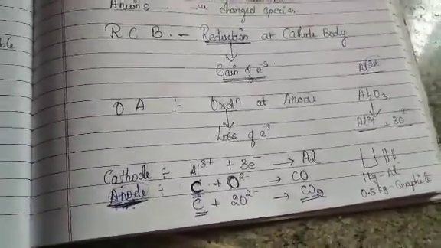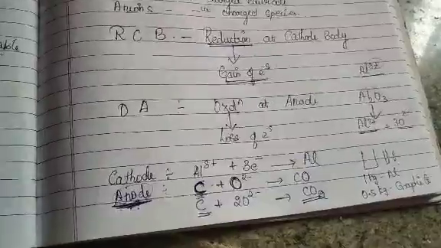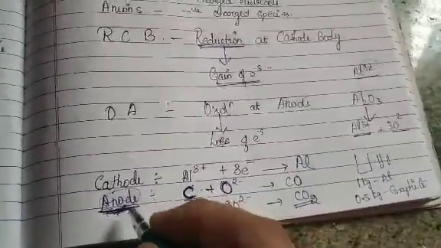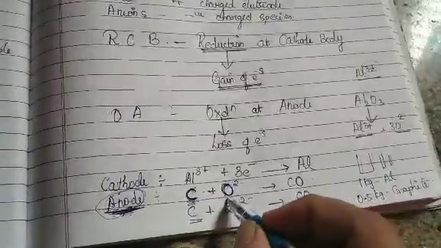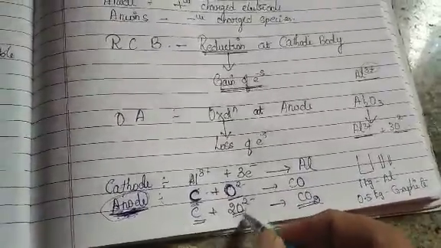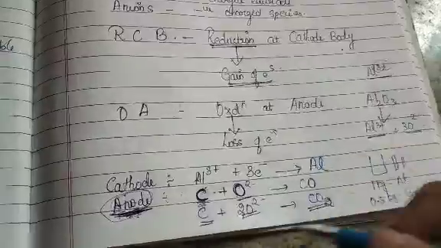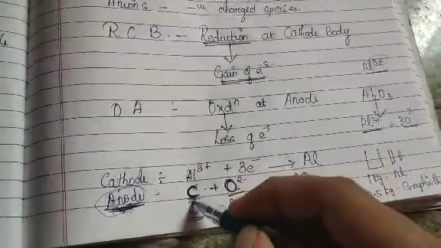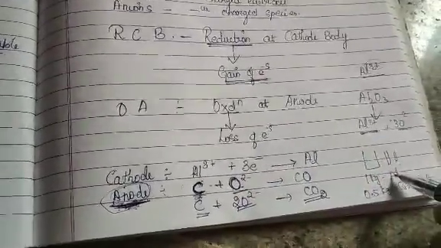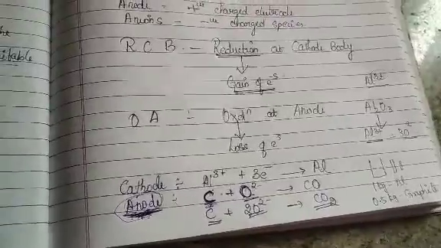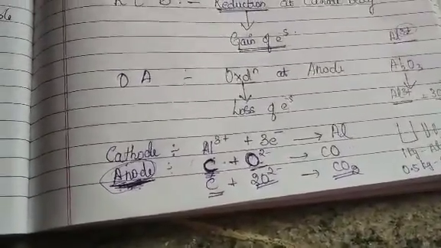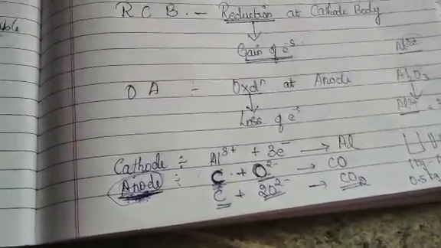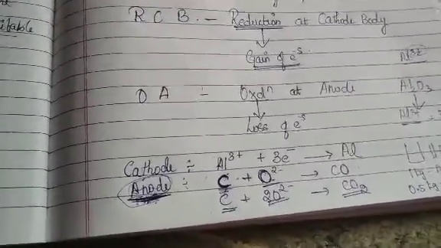There may be a question: why, in the extraction of aluminium from purified alumina, are we going to replace the anode rods? It is mainly because the oxygen produced in this process reacts with the carbon, reducing the thickness of the graphite rods. That is the reason again and again we replace the carbon rods, that is the graphite rods.